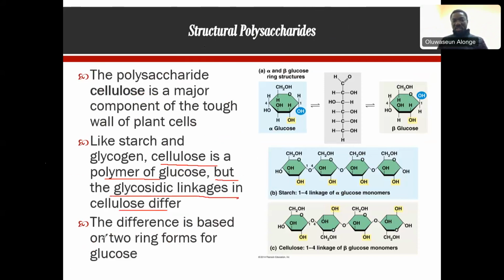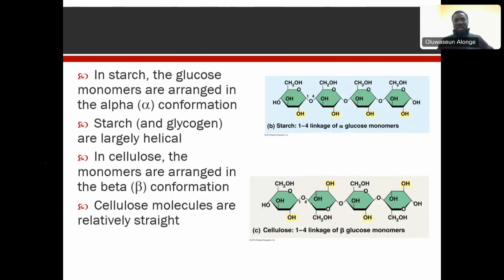The difference is based on the two ring forms for glucose. All right, let's go. Now, in starch, the glucose monomers are arranged in alpha conformation. Starch and glycogen are usually largely helical. All right. Now, in cellulose, the monomers are arranged in beta conformation, and cellulose molecules are relatively straight.